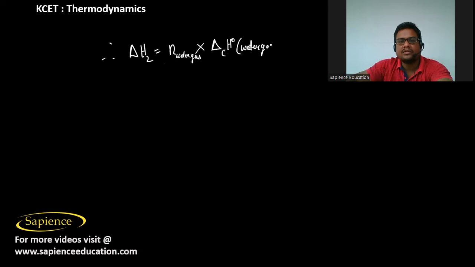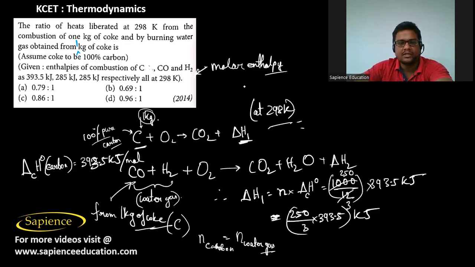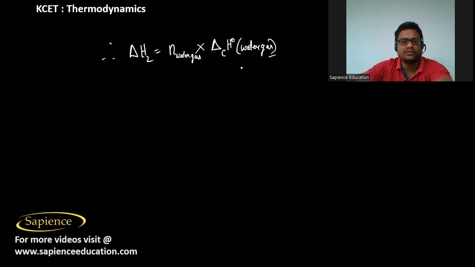Now the molar enthalpy of combustion of water gas will be equal to the molar enthalpy of combustion of CO plus molar enthalpy of combustion of H2, which will be 285 plus 285. So it will be the number of moles of water gas times 285 kilojoule plus 285 kilojoule.